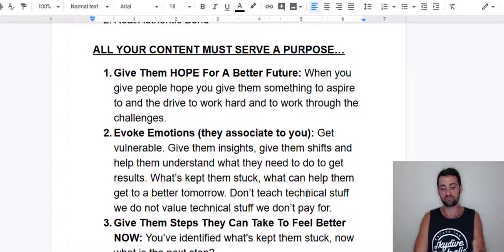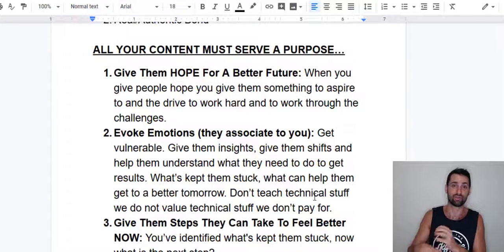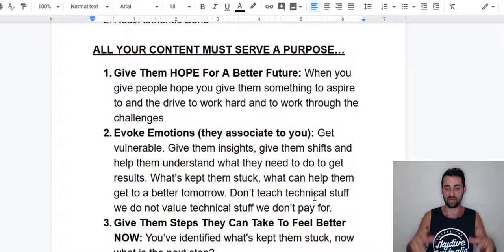As you can see, you don't want to be teaching too much of the technical stuff, the difficult stuff to actually go out there and do, because people don't really value doing that type of technical stuff unless they've paid for it. So if you're creating content around the hard technical stuff, which is probably what the product owner selling a product is going to be teaching them, you don't want to be teaching that to them, because like I said, it's not until they actually pay for something that they're going to have the capacity to actually sit through that type of content and purchase.